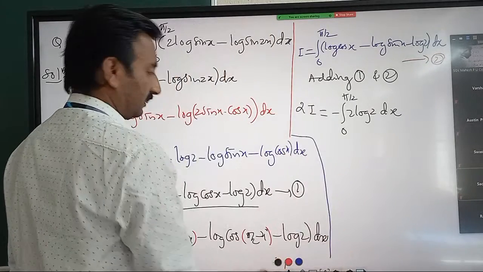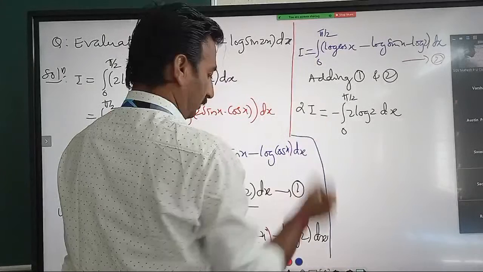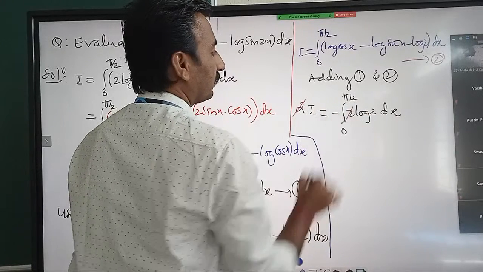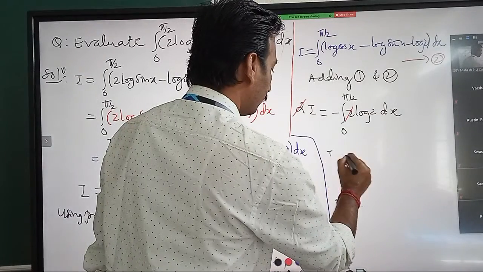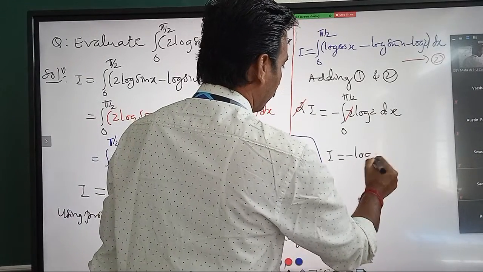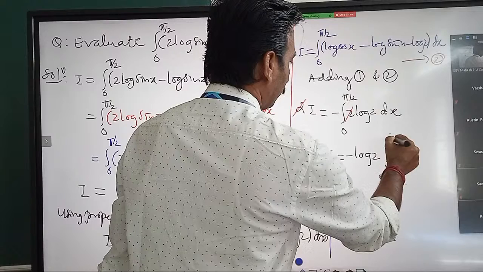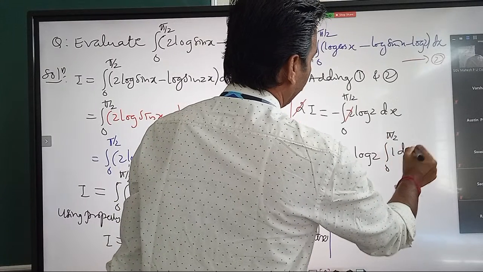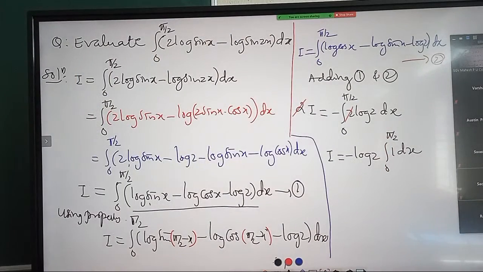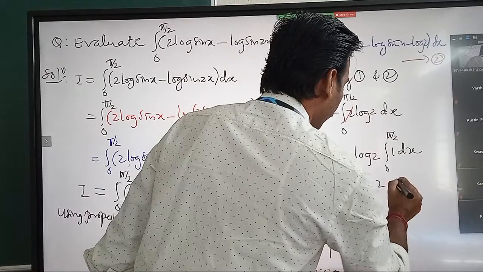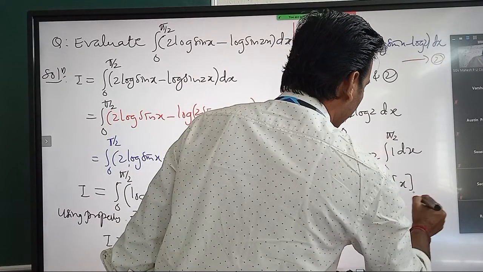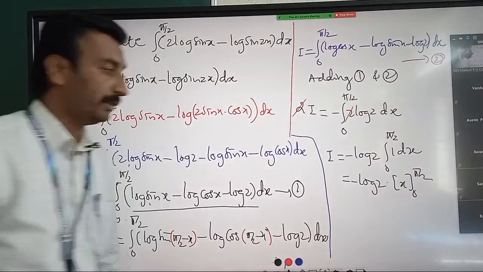Next, note. Now this 2 and this 2 is removed, correct? Because the 2 cancels. So finally I equal to, I take minus log 2 outside. This is integration from 0 to pi by 2 of 1 into dx. What is integration of 1? x. So it is minus log 2 into x, where the limit is from 0 to pi by 2.